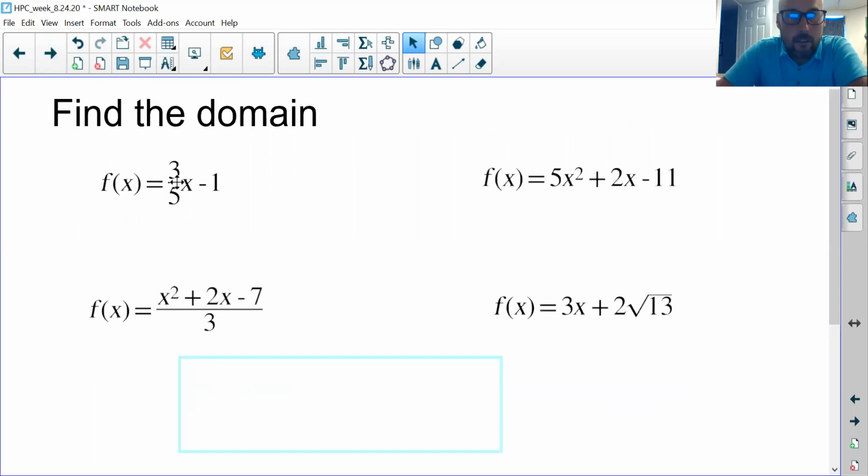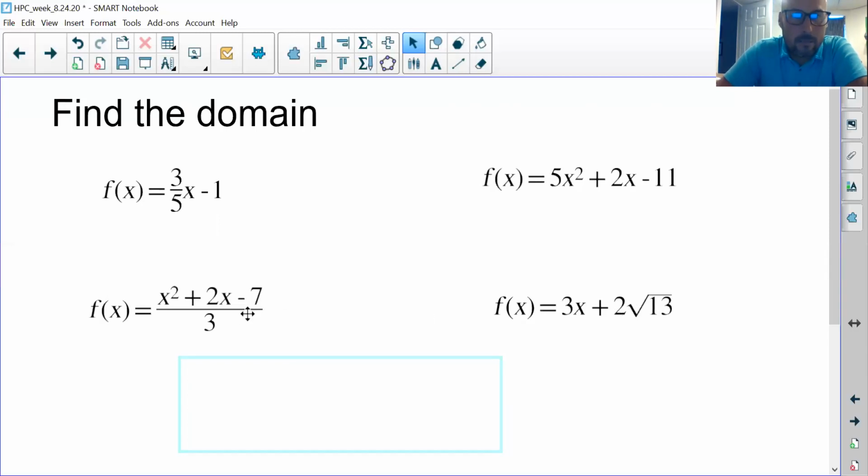Look at these four functions. They all have the same domain. This is a line. This is a parabola. This is a line with a slope of 3 and a funky y-intercept of 2 radical 13.